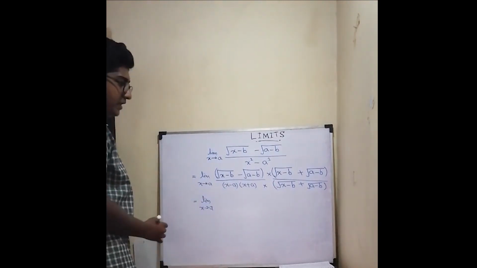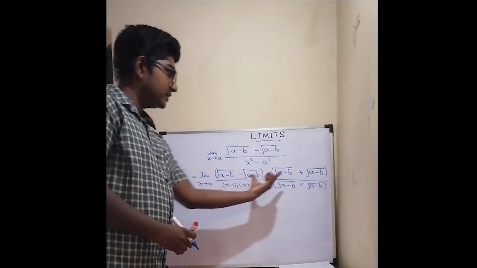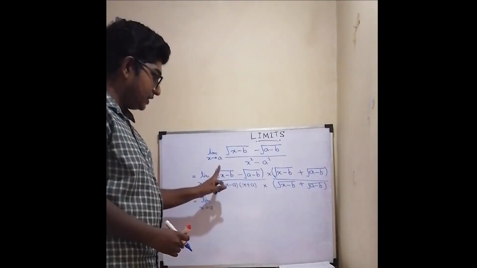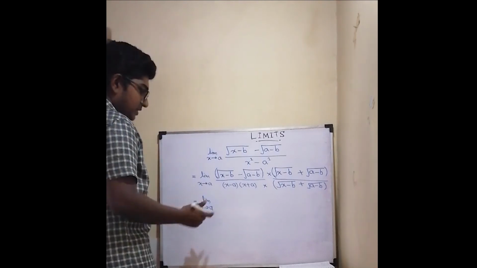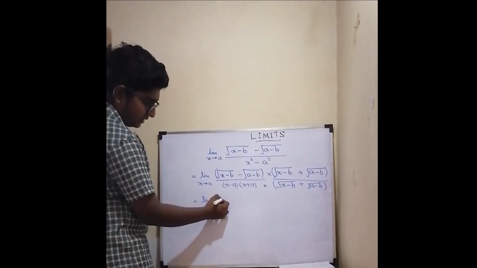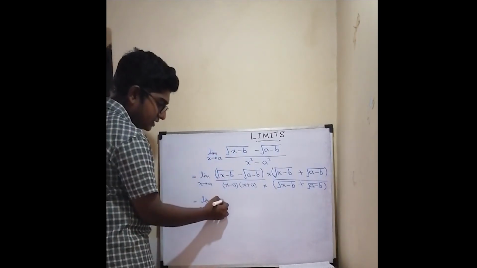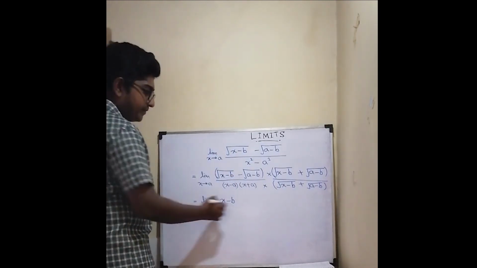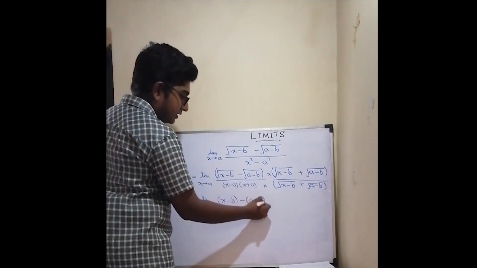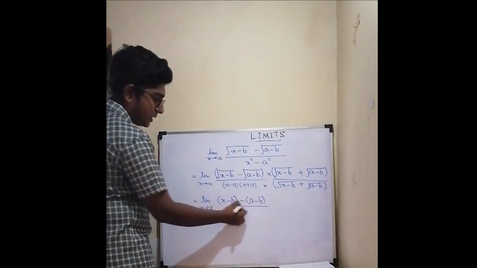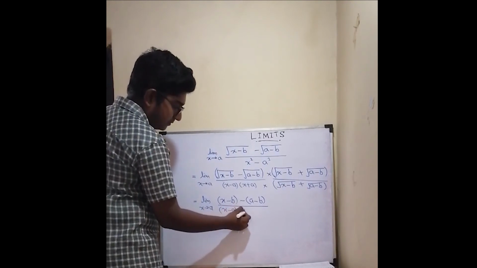Now in the numerator we have factors of difference of two squares, a minus b, a plus b. What is the factorization? a squared minus b squared. a squared, that means the square of this is x minus b, minus b squared, the square of this factor, and here you have to write the whole thing.